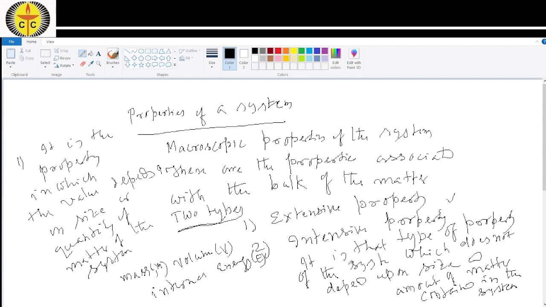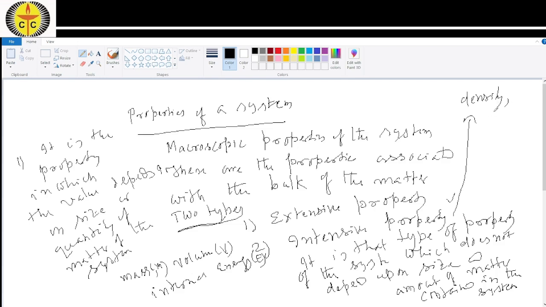Example of intensive property, example is density. Density is one of the properties which does not depend upon the mass, size, volume. So this is constant.